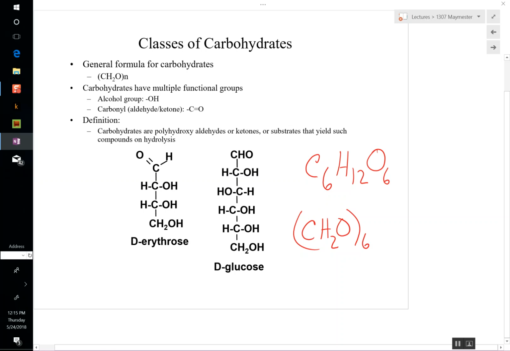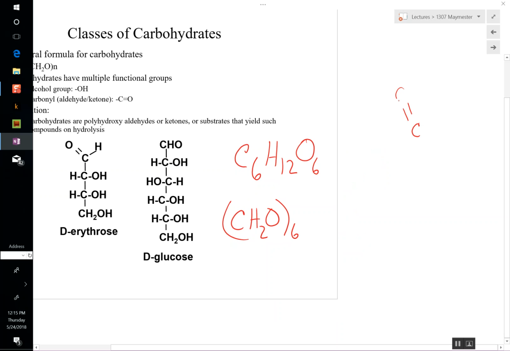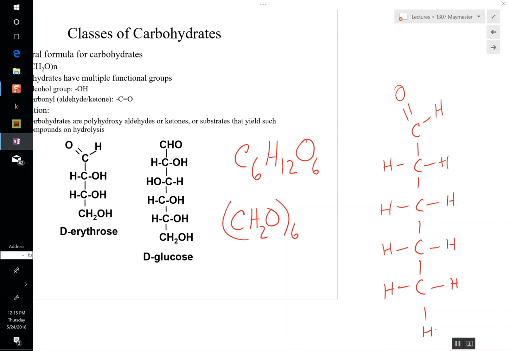Remember when we were studying aldehydes, we said, let's say I had an aldehyde like this, 6 carbons long, and these were all hydrogens. And those of you in the 1107 lab, you did some of this. This is hexanal, and hexanal is not soluble in water. Why? This is all non-polar bonds right here. Carbon, carbon, carbon, carbon, hydrogen, relatively non-polar bonds.